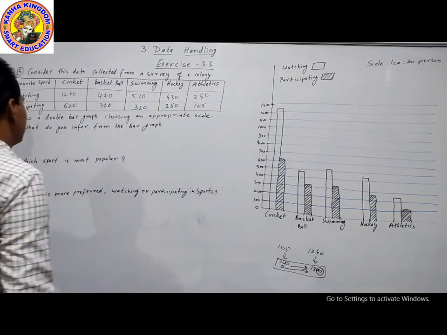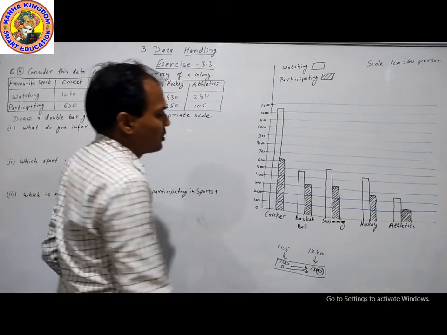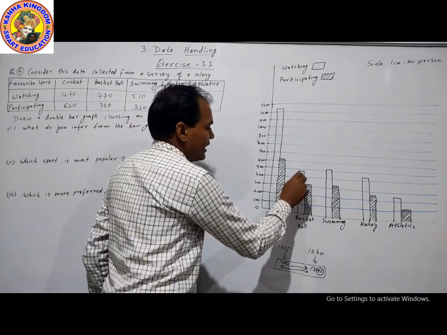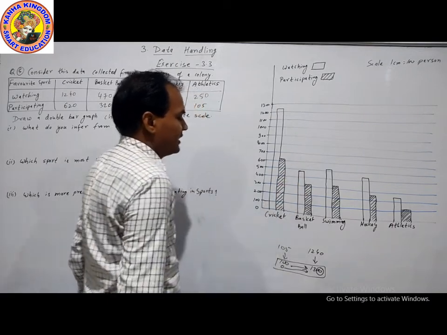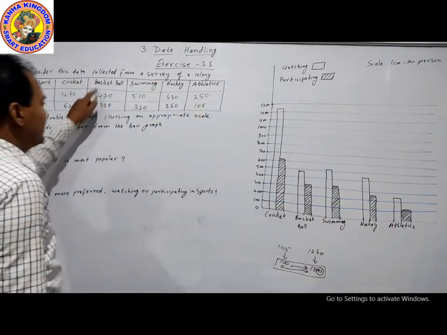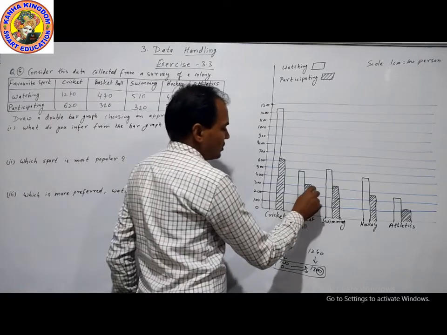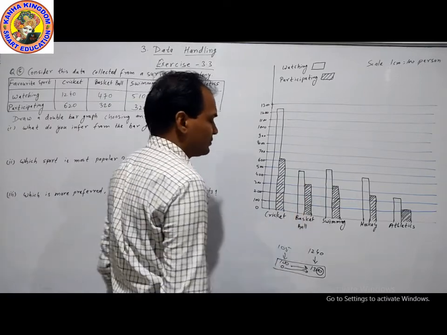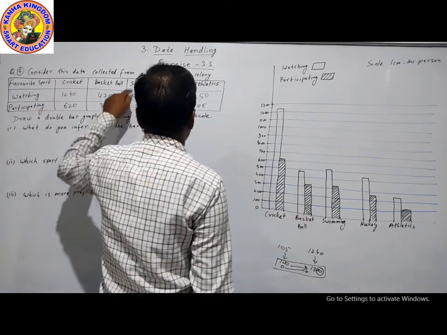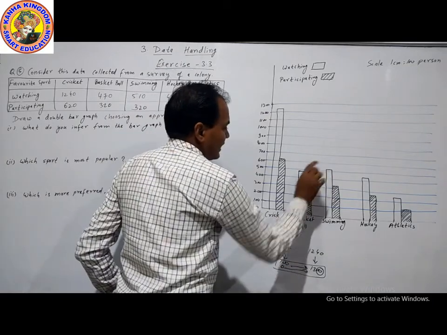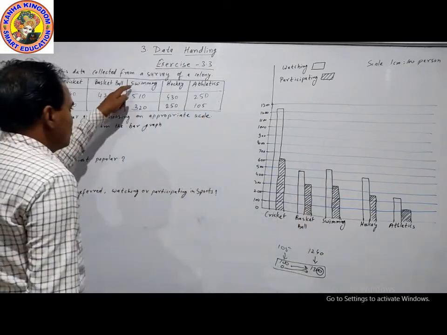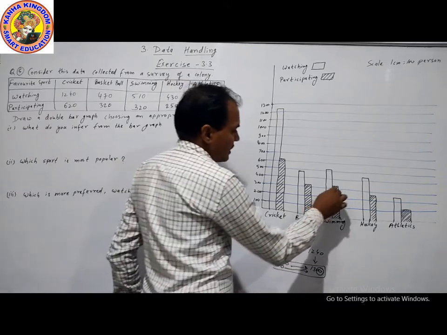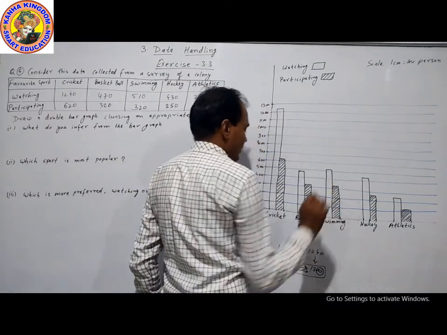Now watching basketball 470. Here is 400, 450, 470. Participating basketball 320. Watching swimming 510. Participating swimming 320.